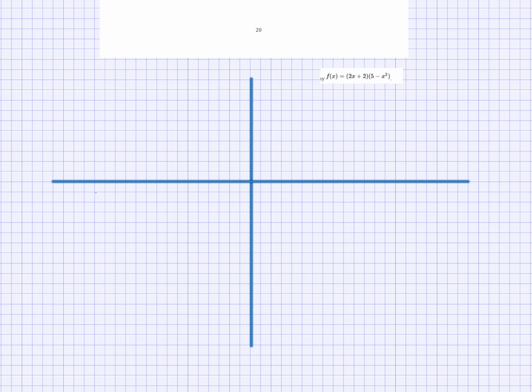Okay, so I've just drawn with a ruler roughly what sort of thing I want. Now I know I want it to go down to minus 3. So there's 1, minus 1, minus 2, minus 3. Just being careful I get the scale consistent.